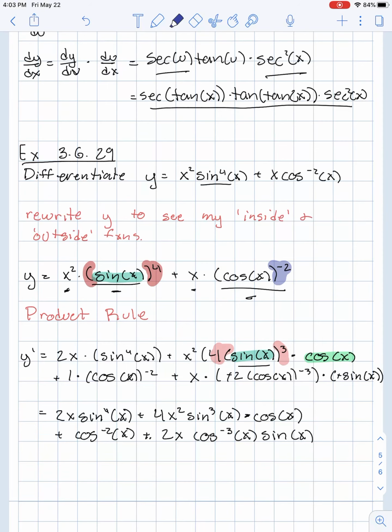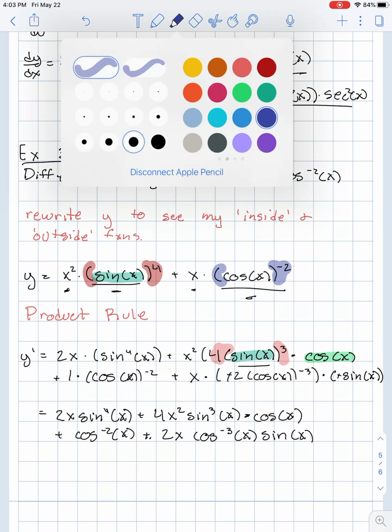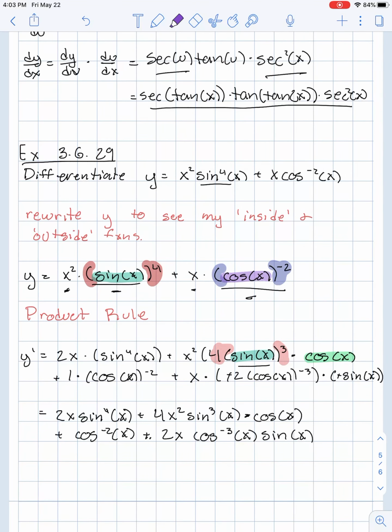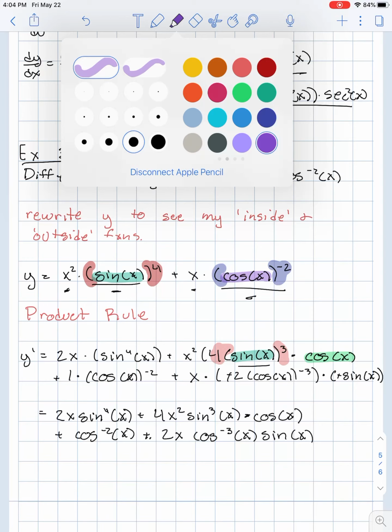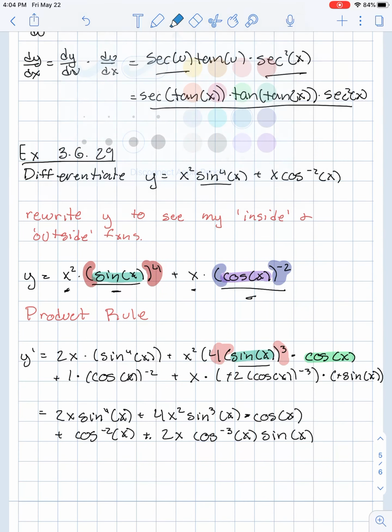If we go look at cosine to the negative 2, then something to the negative 2 is the outside function, and cosine of x is the inside function. So then, oh, I like that. We move it down here. Remember this first term of the second line? We didn't take the derivative of cosine of negative 2x because that is how product rule works. I take the derivative of one and I hold the other one there.